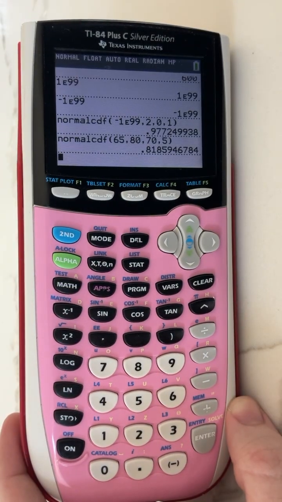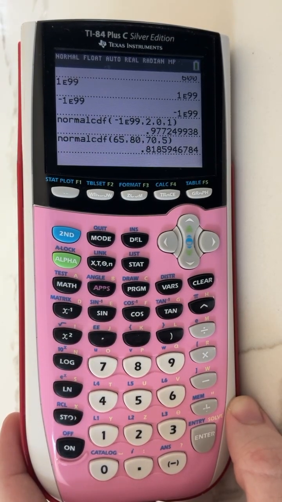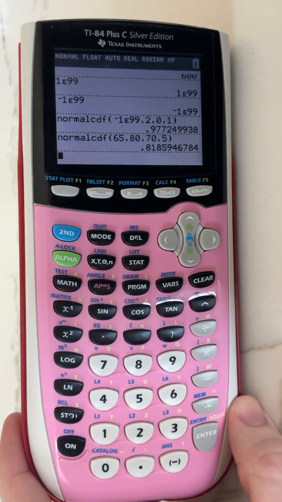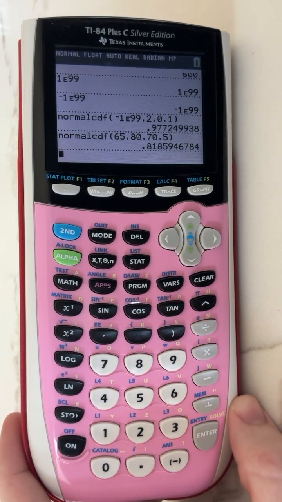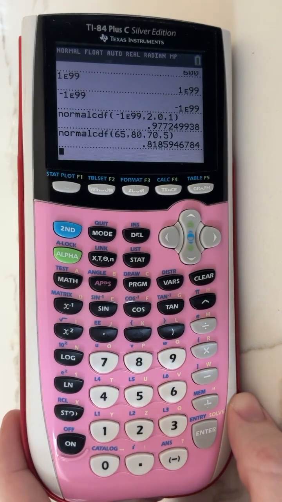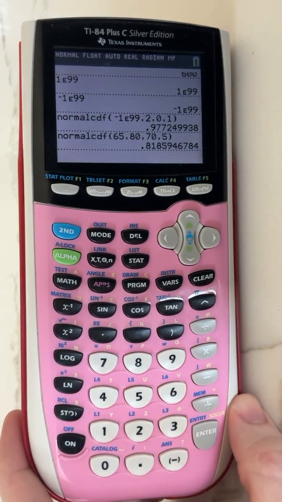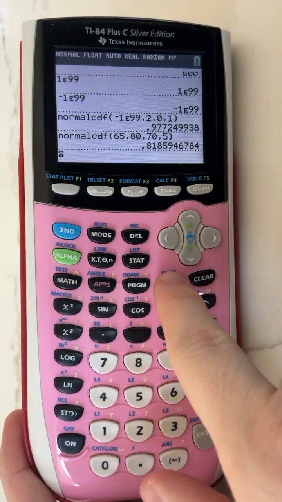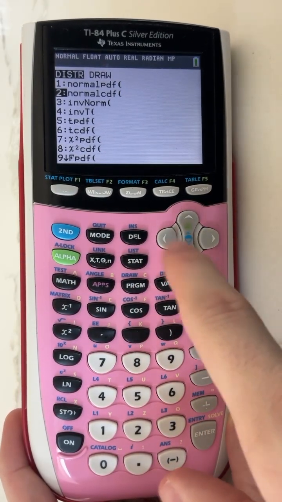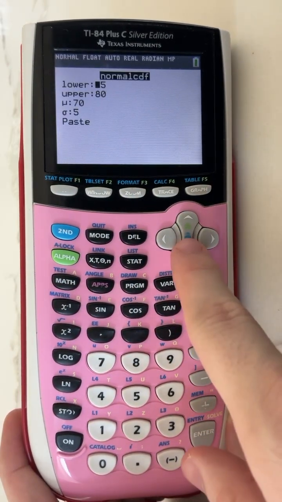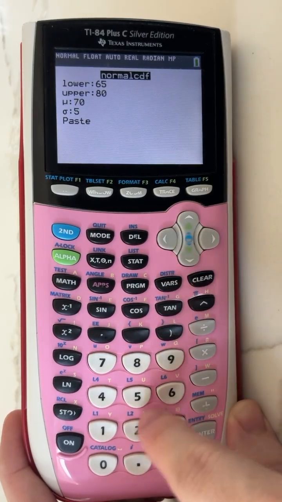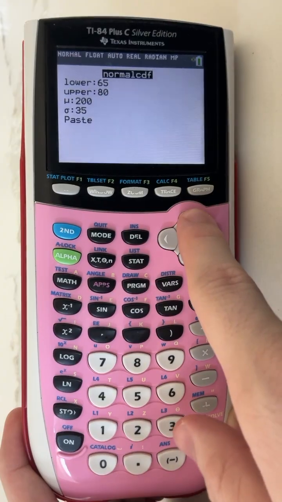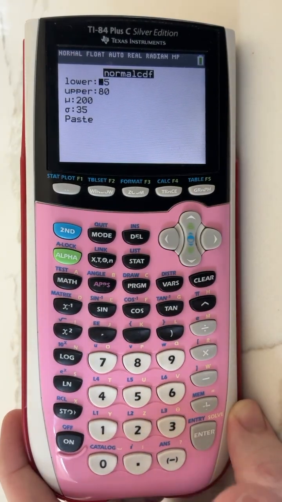Now, as another example, we would like to know what's the probability that a male is less than 220 pounds, given that the average weight for adult males in the US is around 200 pounds and the standard deviation is 35 pounds. So we'll go into second vars to get distribution again, go down to normal CDF, and then let's say our mean is 200 and our standard deviation is 35. Now we can have any lower bound we want.